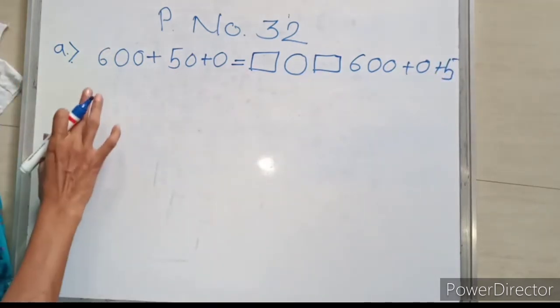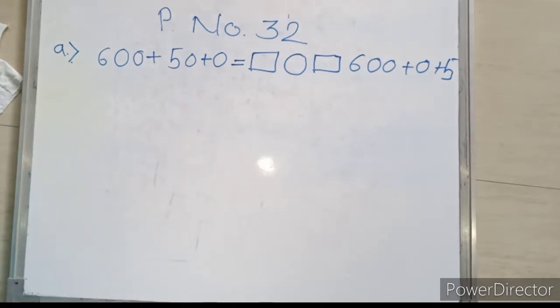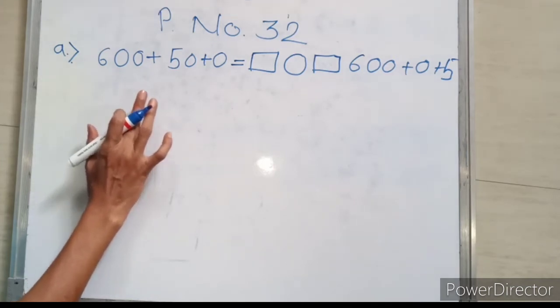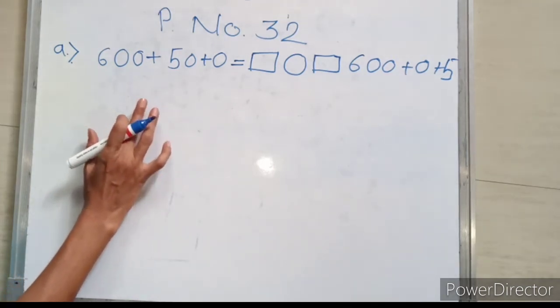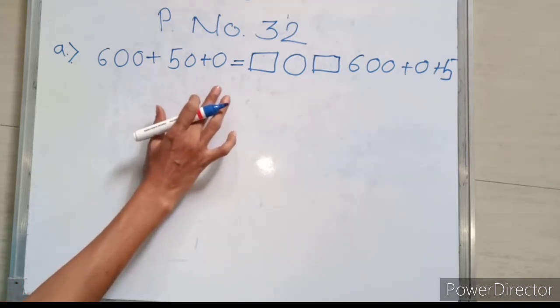So children, first we have to write the standard form of this number. So while writing standard form, we have to see how many hundreds, tens and ones are there.